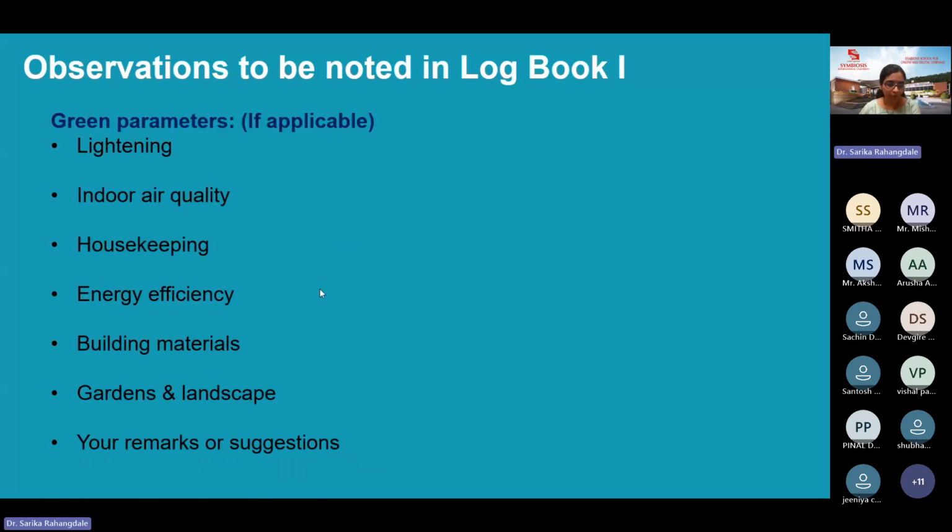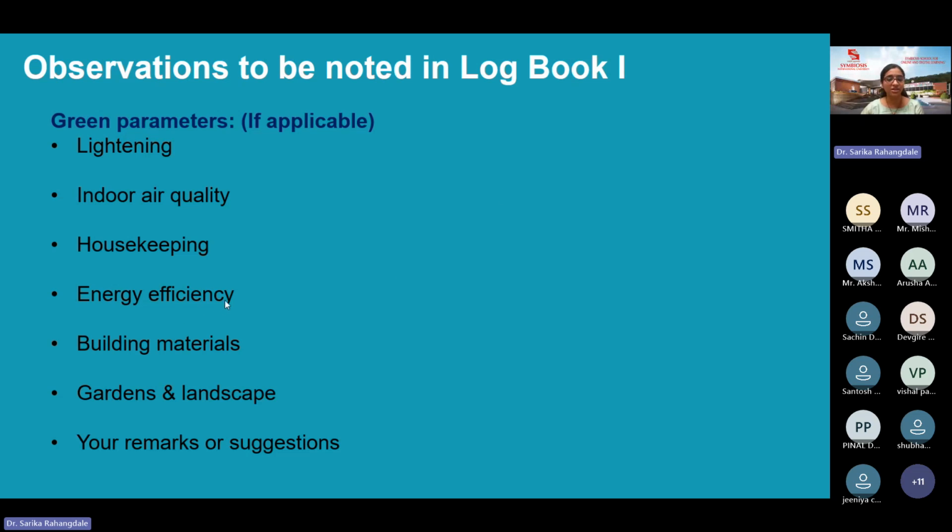With a view to minimize the exploitation of natural resources, how are we utilizing natural resources to improve the upkeep of our hospital, right? Green parameters mean we utilize maximum natural resources and minimize the use of man-made resources, meaning electricity, fuel, water, right?